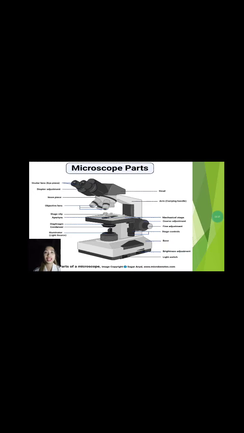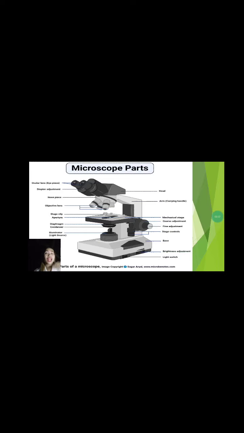Naay ocular lens, diopter adjustment, the nose piece, objective lens, stage clip, aperture, diaphragm, condenser, illuminator, or also known as light source, the head, the arm, mechanical stage, coarse adjustment, fine adjustment, stage controls, base, brightness adjustment, light switch.